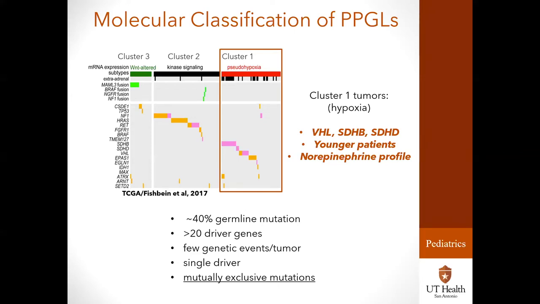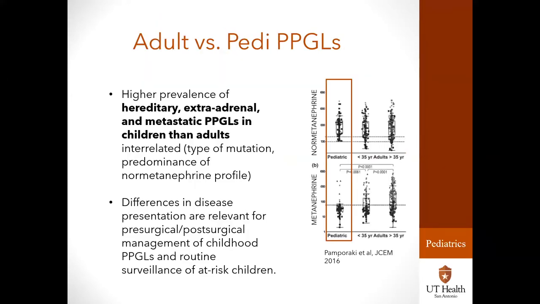This is relevant because it explains why patients with pediatric PPGLs tend to have this profile of norepinephrine secretion, more commonly extraadrenal tumors and metastatic disease, as SDH mutations are associated with a higher risk for metastatic disease in PPGLs.